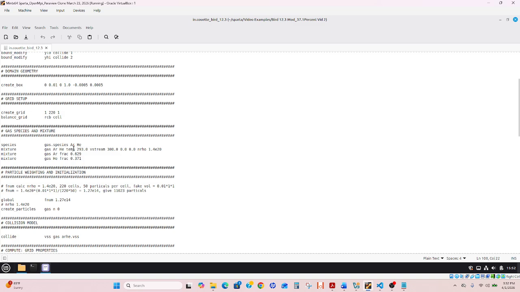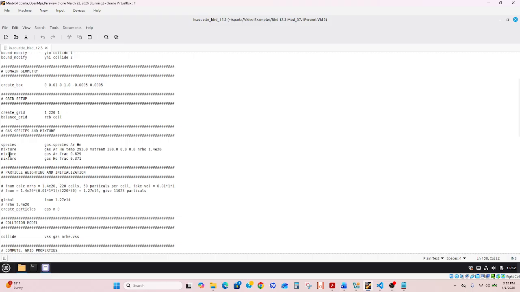The temperature of the mixture is going to be initialized at 293 Kelvin, and the velocity in the initialization is going to be 300 meters per second in the X direction. Now, here's where I've done something a little different than I did the last time, and you'll see it in a minute, but I'm basically stating that the number density is 1.4e20, and you'll see where that plays in here in a minute.